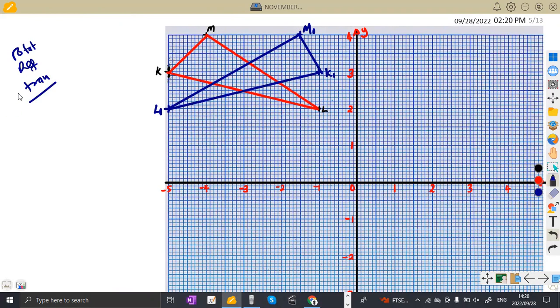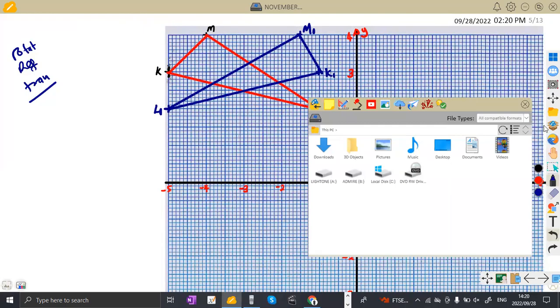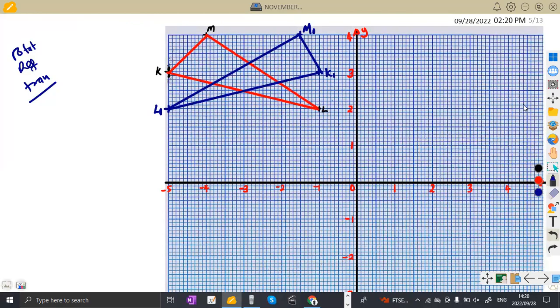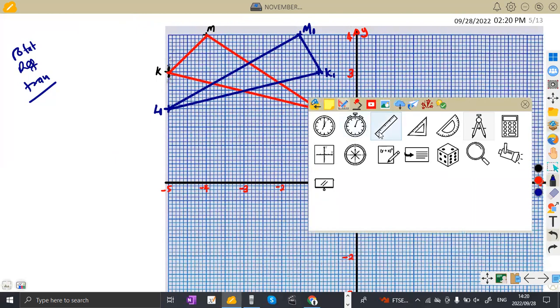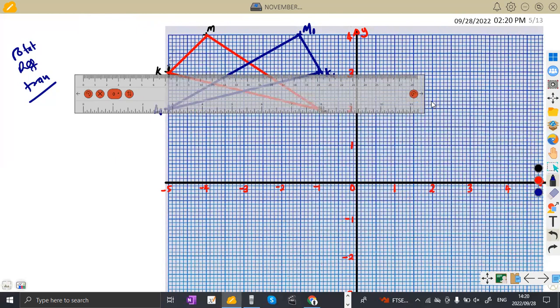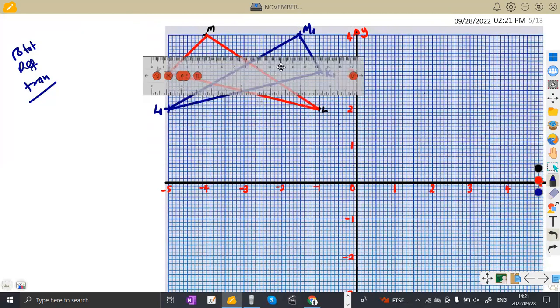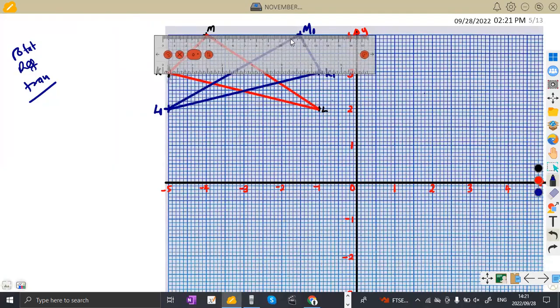This is what you simply do. For you to know this, you have to join corresponding elements. Actually we need our ruler, but here we don't actually need it, though let us have it. These points are actually on a straight line, so there was no need for this. M to M1 is actually a straight line.